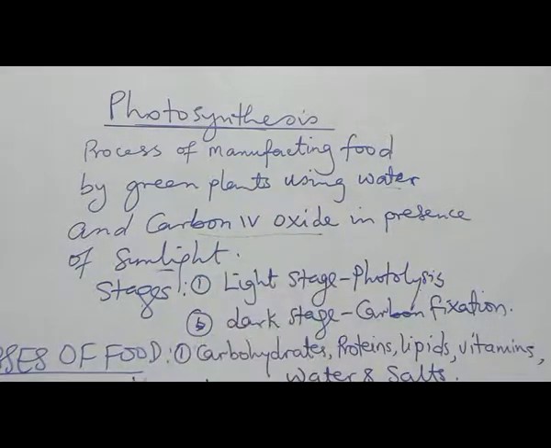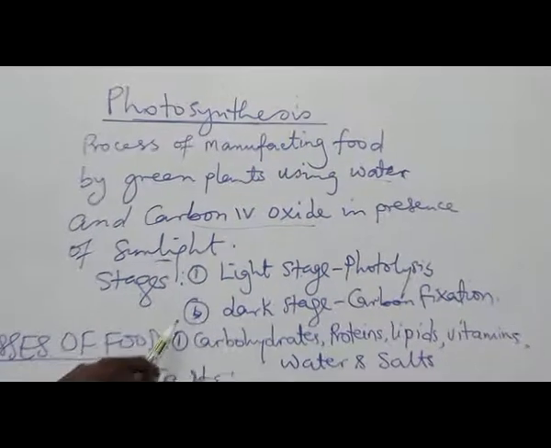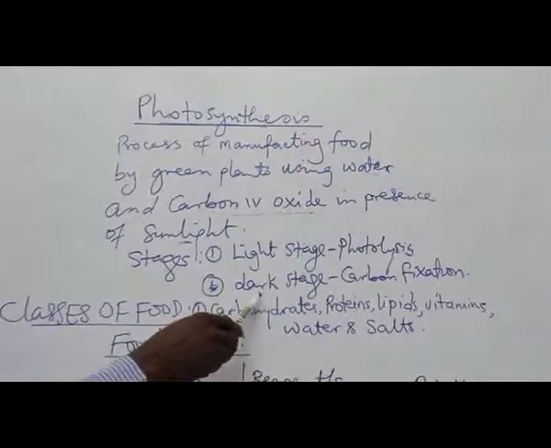From there, ATP is produced, and the reduced compound NADPH is also produced. Then the second stage is the dark reaction.